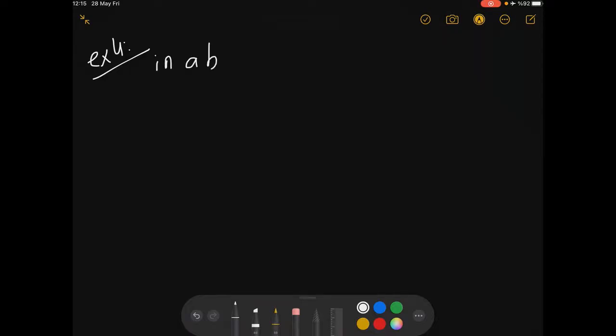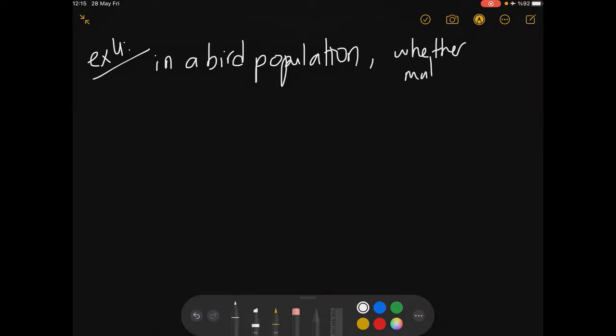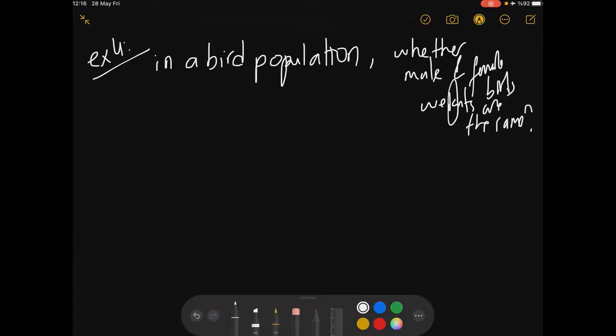In a bird population, we wonder whether male and female birds' weights are the same. Okay, so this is what we're curious about.